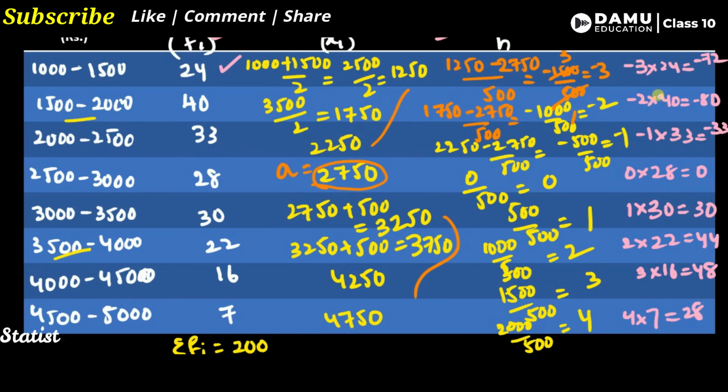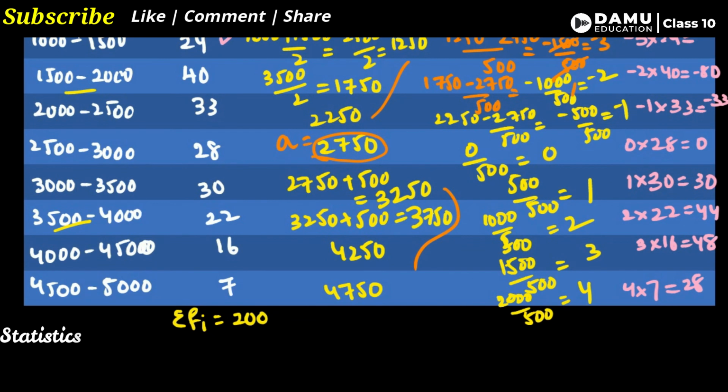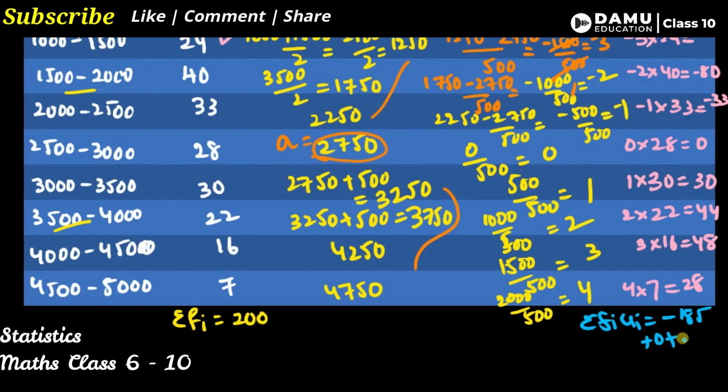If you add all these values, we get the summation of fi ui. That is minus 72 minus 80 minus 33, which is minus 185, plus 0 plus 30 plus 44 plus 48 plus 28, which is 150.